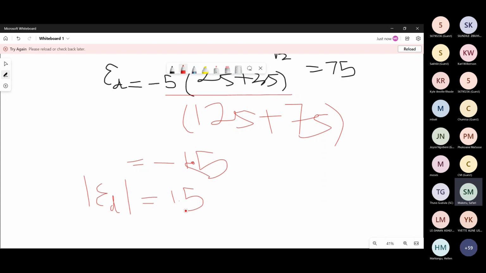It will depend on the question. The point is that when it's a negative number, an increase in the price will yield a decrease in the quantity, and vice versa. A decrease in the price will yield an increase in the quantity.